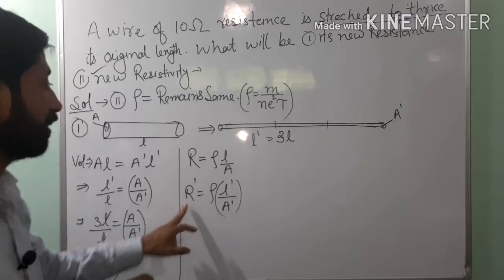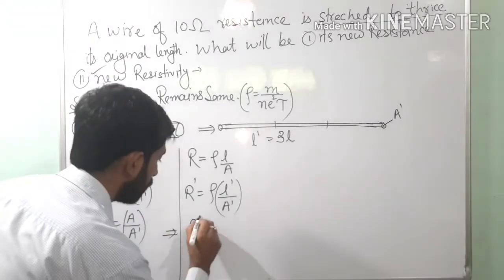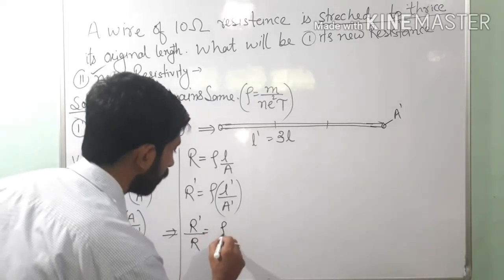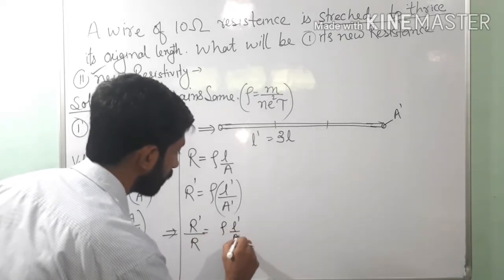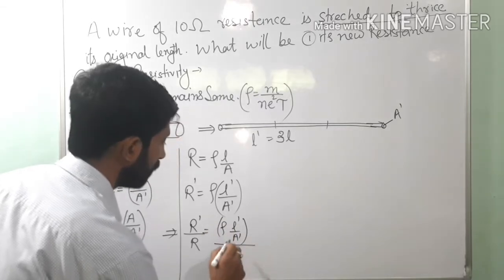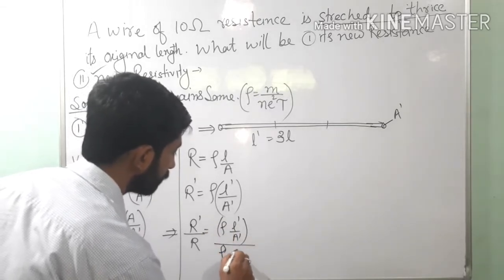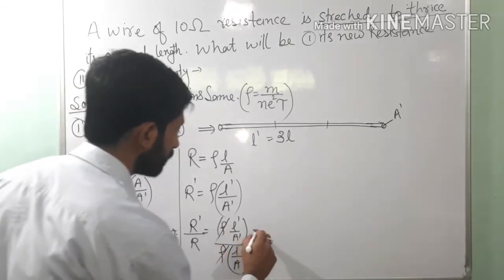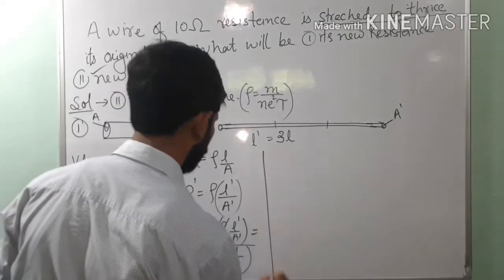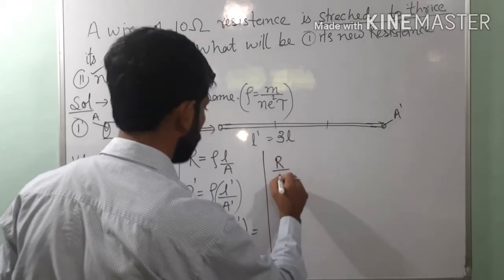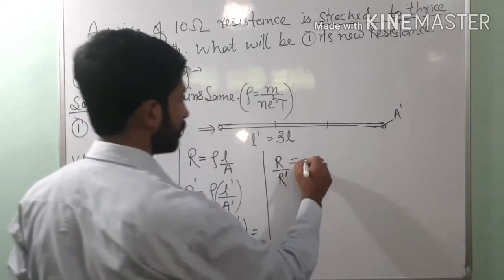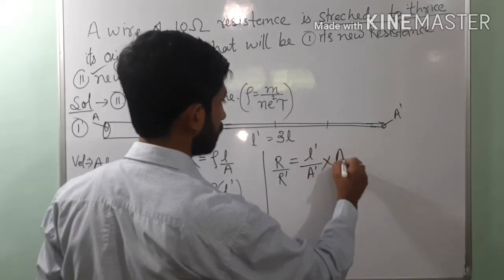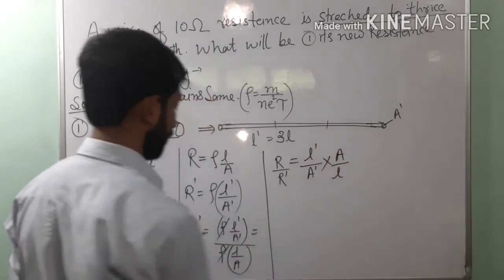That we have to find. So R dash over R is equal to rho L dash over A dash divided by rho L over A. So rho cancels this.